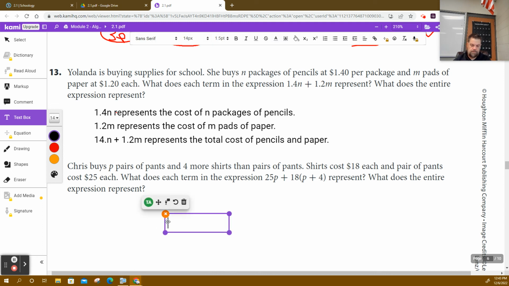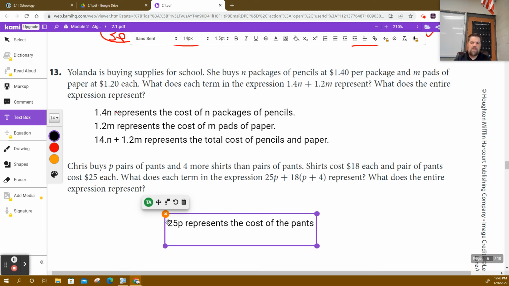Well, 25p represents the cost of the pants. 18 times the quantity p plus 4 represents the cost of the shirts.